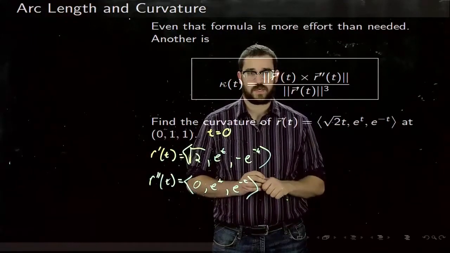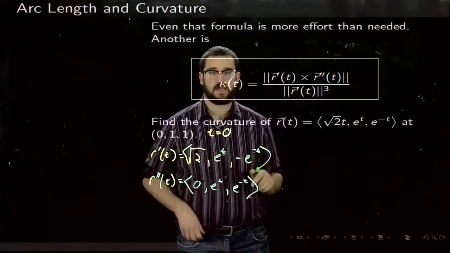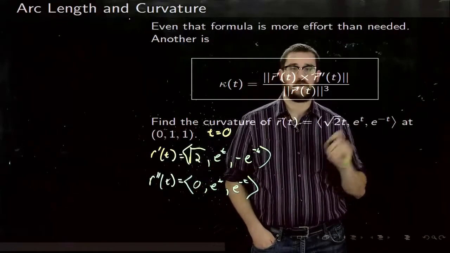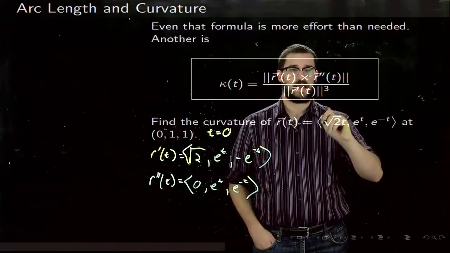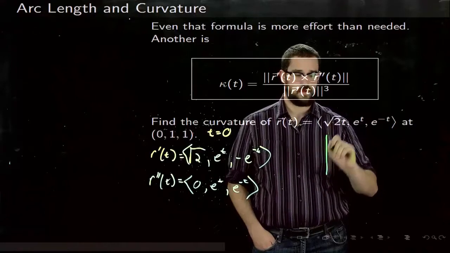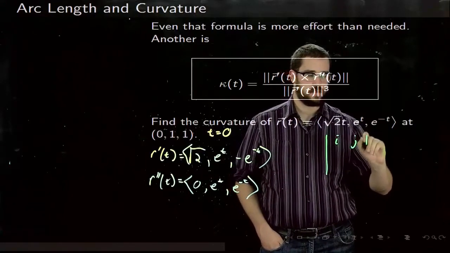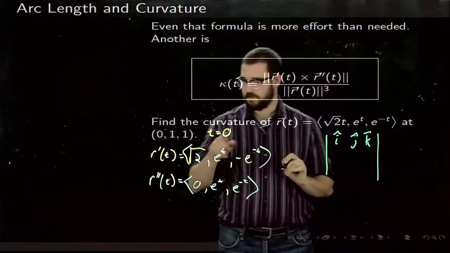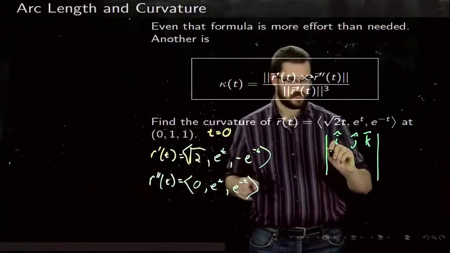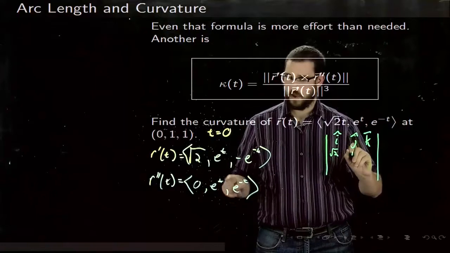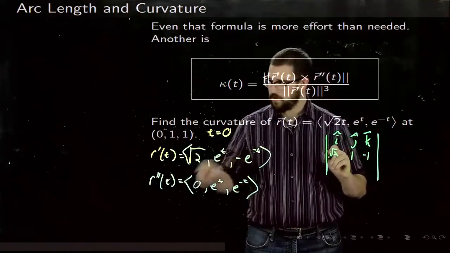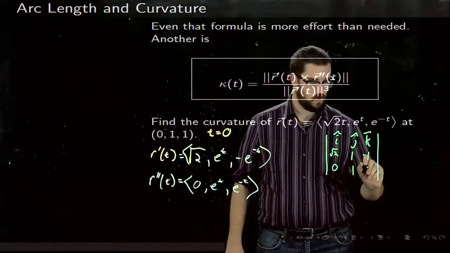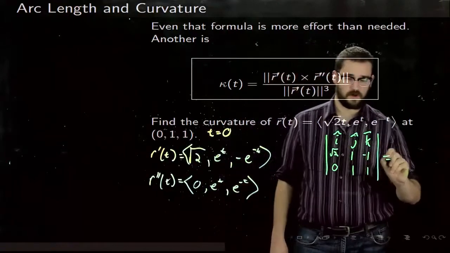We could do this generically, but since we're looking at t equals 0, we can just plug it in right now and find the determinant with i hat, j hat, k hat, square root of 2, 1, negative 1, 0, 1, 1. What is this determinant?